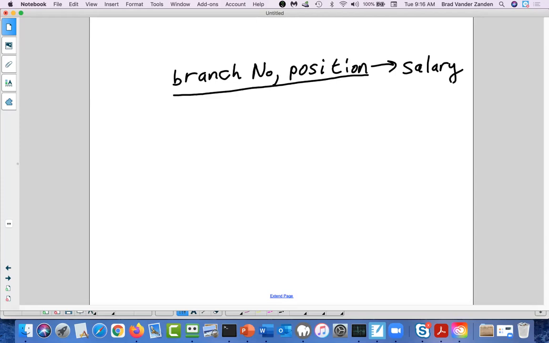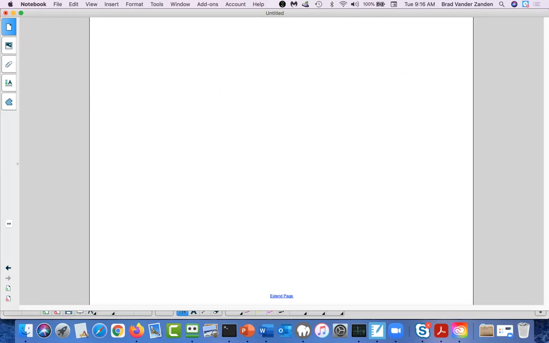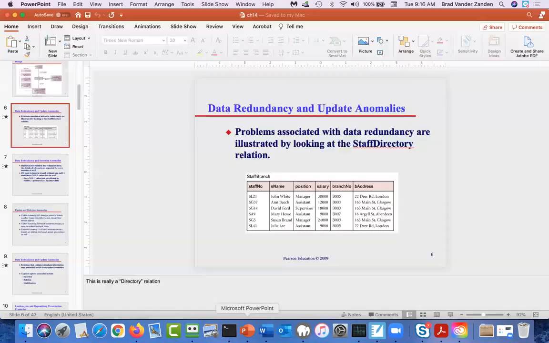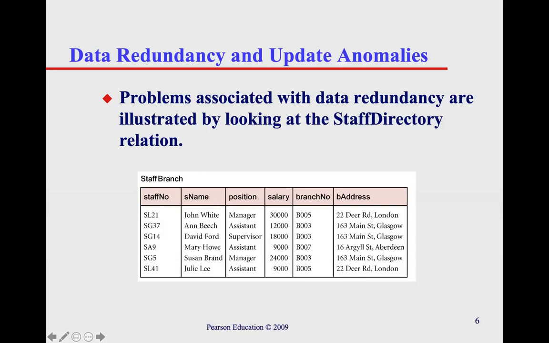So for example, coming back here, a staff number uniquely determines the branch number where the person works. But a branch number does not uniquely determine the staff number.